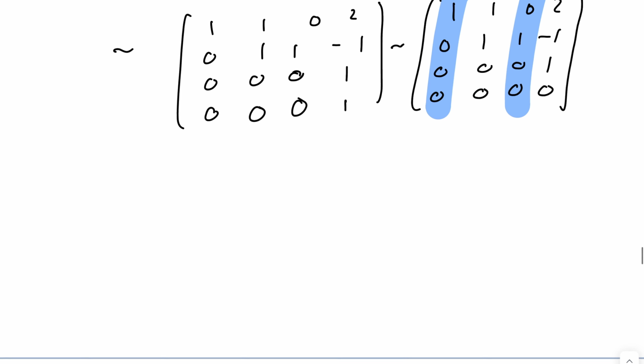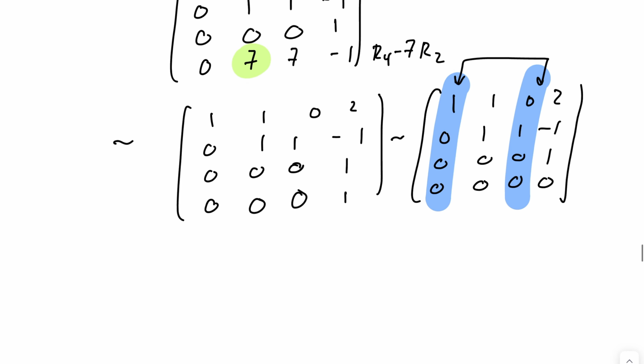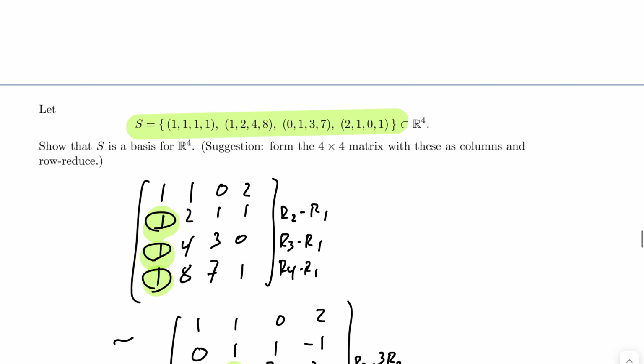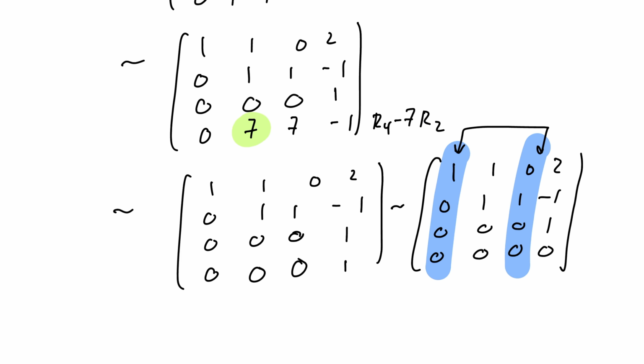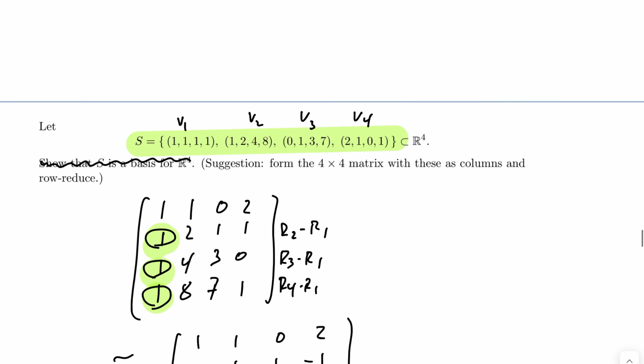Let's take a look if that is the case here. So you can see here it says show this is a basis. This is not a basis at all, but if this is V1, V2, V3, and V4, my row reduction is telling me that V1 plus V3 is going to equal V2. Let's see if that's correct here.